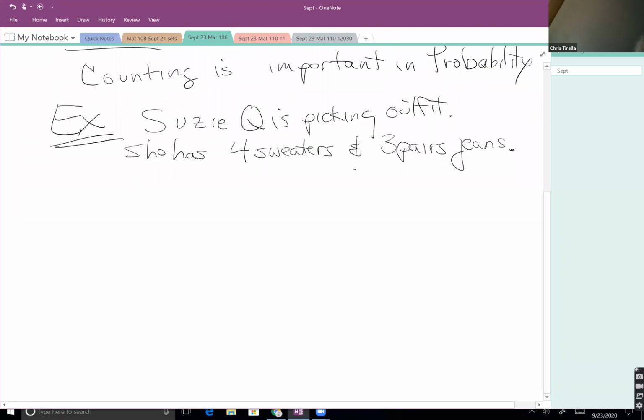And so using those, I want to know how many are possible. And we're not going for the layered look here. Each outfit is 1 sweater and 1 pair of pants. How many different outfits are possible?